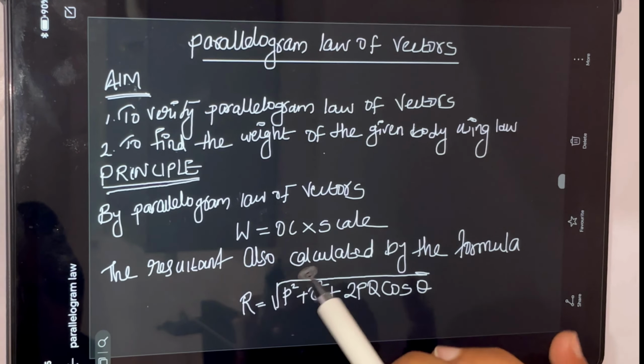So just be steady. Let's fix this sheet on this board with the usage of these drawing pins. Now, as you can see, a shadow is created here.